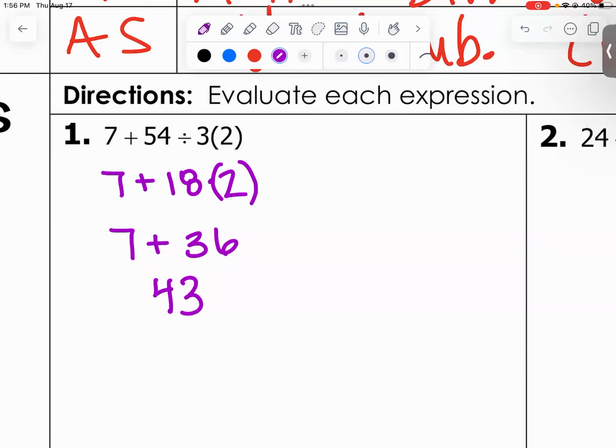Why is that not right? Okay. The parentheses is what's inside the parentheses. Can we do anything inside the parentheses? No? Okay. So parentheses are done. So what Ellery described to Allison was exactly correct.